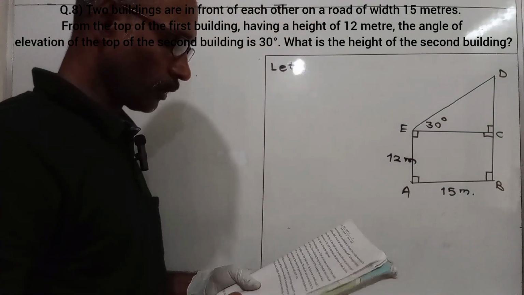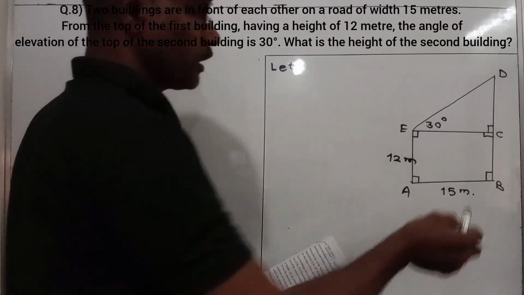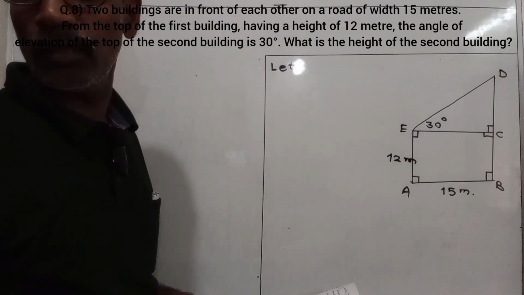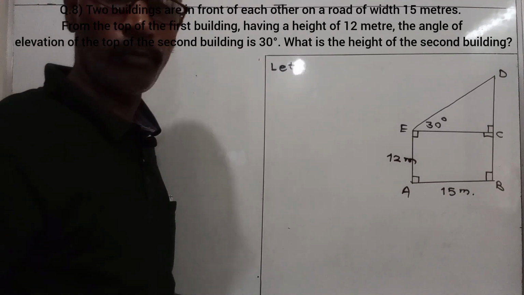Okay, what is the height of the second building? Means BD. We will find the length of BD.